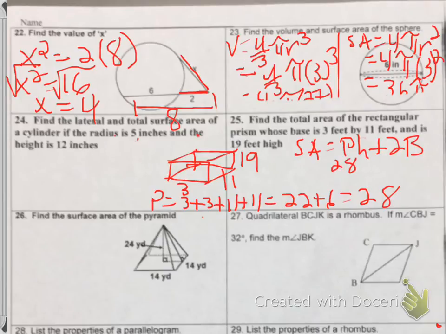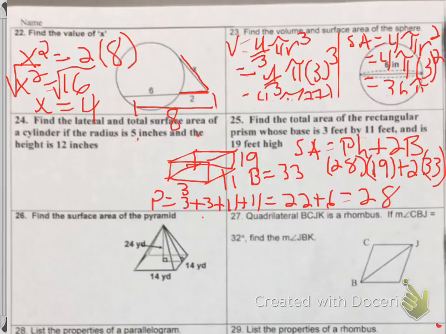And so the height of the figure is 19, plus 2 times the base area. If we use the base area, it's 3 by 11. So B equals 3 times 11, which is 33.